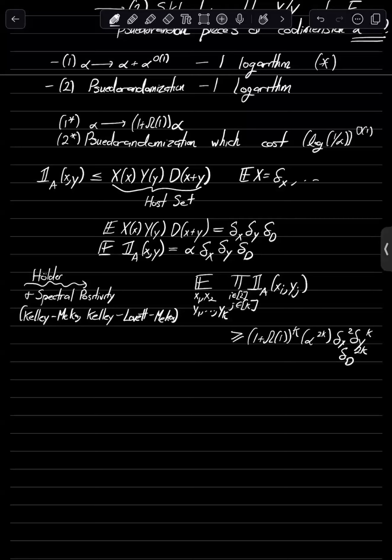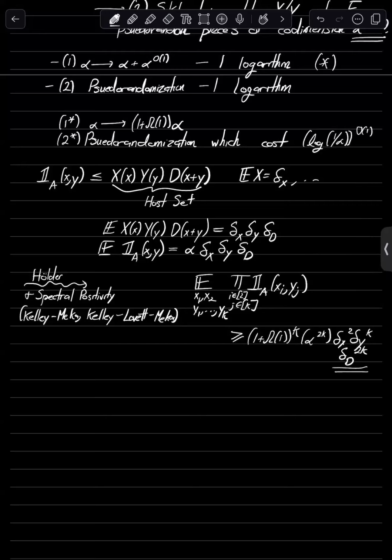Okay, let's figure out why this is a reasonable thing to start with, and then we'll interpret it slowly. The first thing is explaining these factors of delta. Observe that there are only 2 distinct values of x here, x1 and x2.